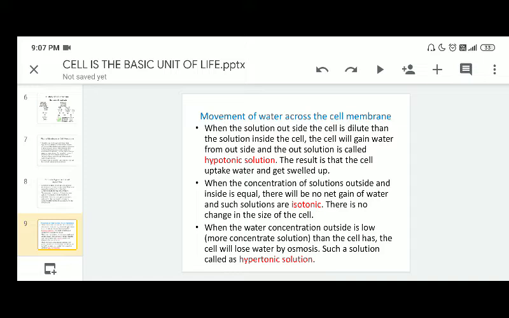The result of it is that the cell takes up water and gets swelled up. That means water will be withdrawn from outside and will make entry inside the cell, and the cell will swell up.